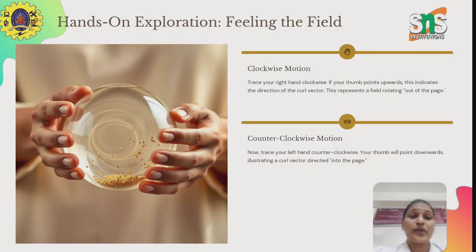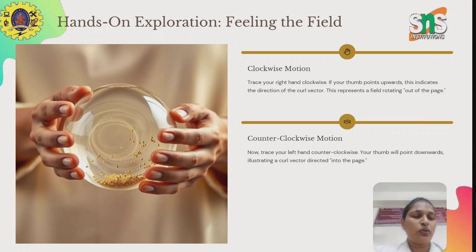Now let's get into a hands-on exploration: how to feel the motion of a curl and what direction it is. Let's take a bowl, put some balls in it, close the lid, and now, as you observe in the image, hold it and start moving it in the clockwise direction.